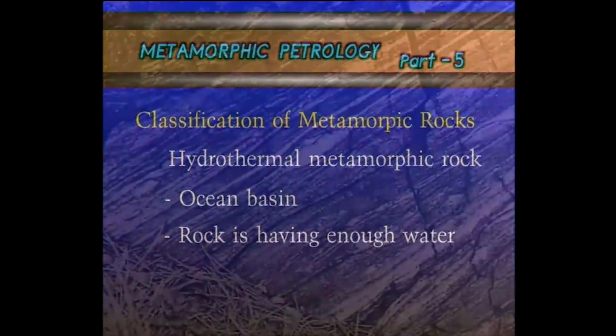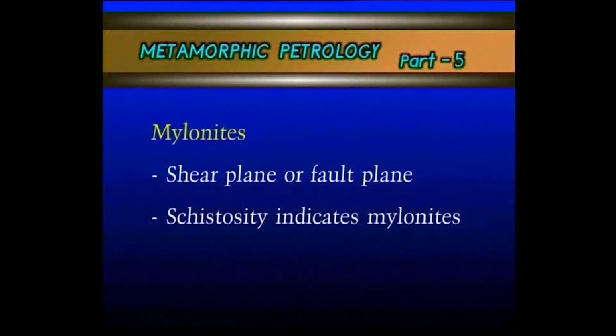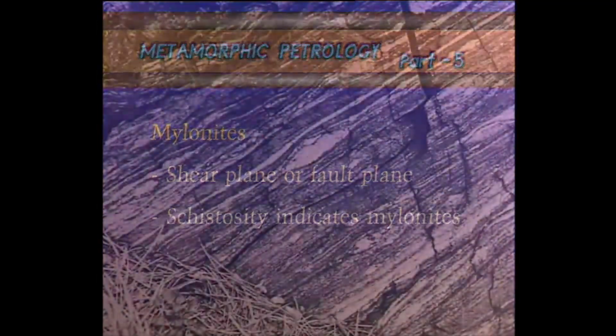Mylonites normally indicate a shear plane or fault plane. If we move through the country rock and there is any change in schistosity, that indicates mylonites, and that also indicates the shear plane or fault plane.